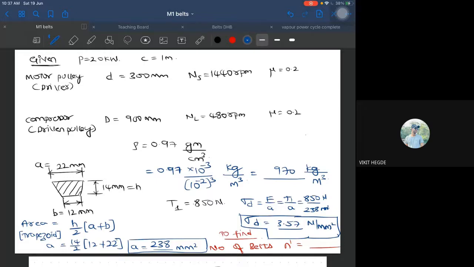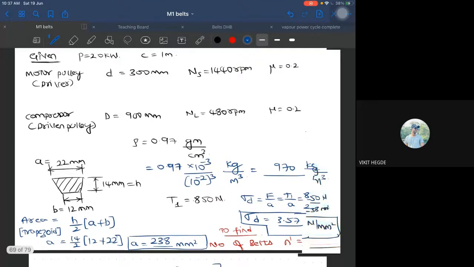Okay. Now, anything else left to convert or bring into a proper format? Can we proceed with the solution?